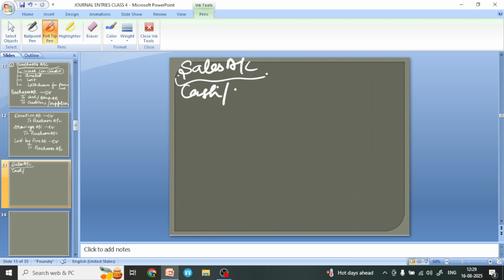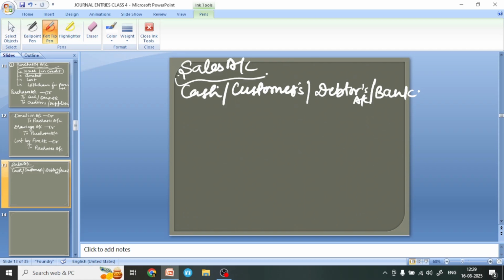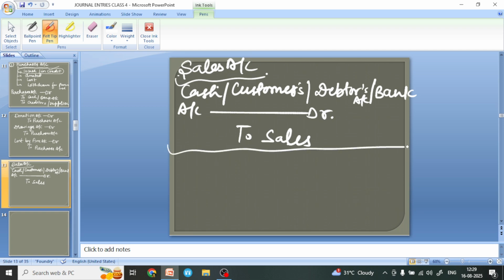If credit sales, then customers account debit, or debtors account debit. Or when we sell goods by check, then bank account debit to sales. In simple way, we can say cash account debit to sales account.